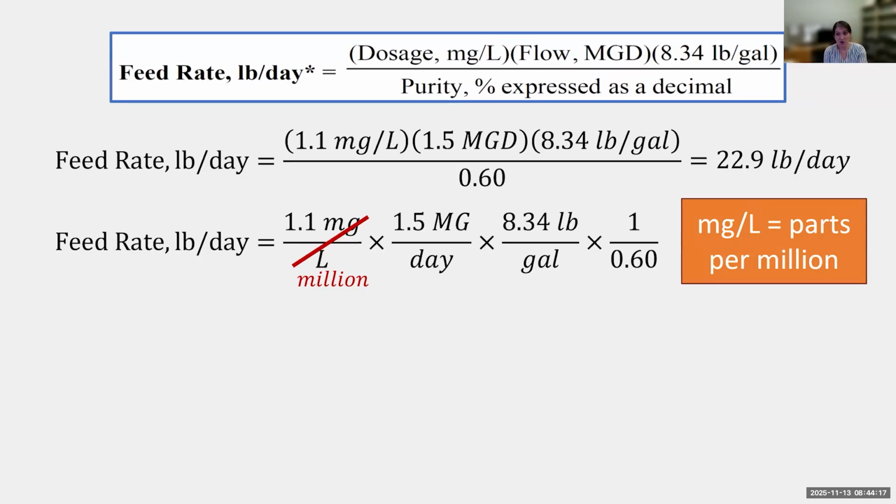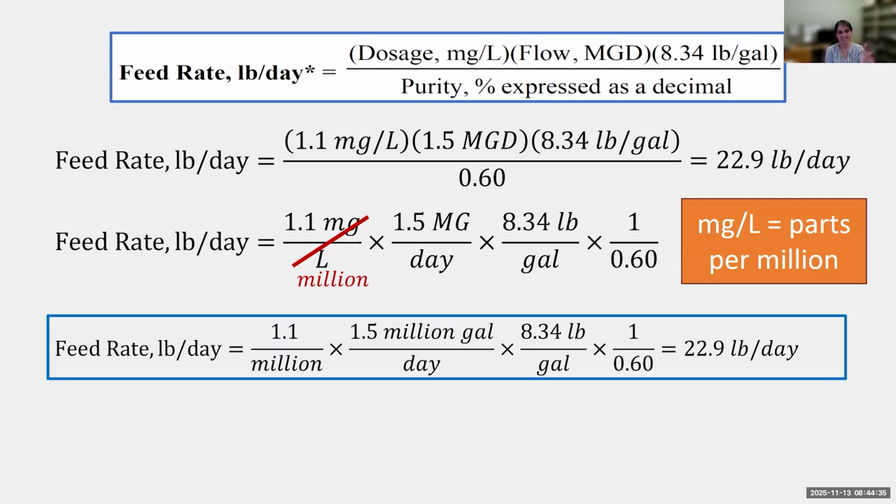Okay, so there are 2 ways to move through this to show you how the units work out, and both are valid. It depends on if you're more of a word person or more of a number person. So we'll start with words first. This is the same equation, but instead of expressing it the way I did, I actually wrote out millions.